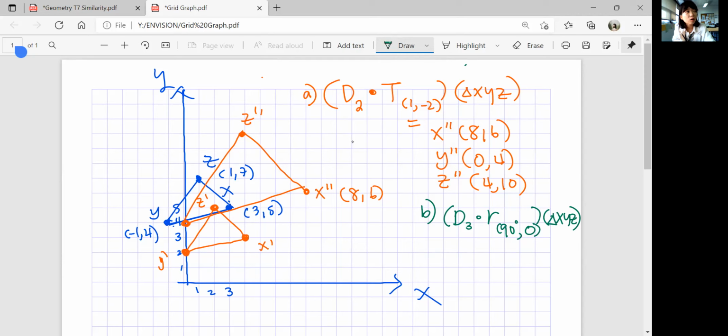Okay, so what do you do when you do 90 degrees? What is the rule for coordinate points? What's the rule? Okay, your X and Y switch coordinate points, okay?